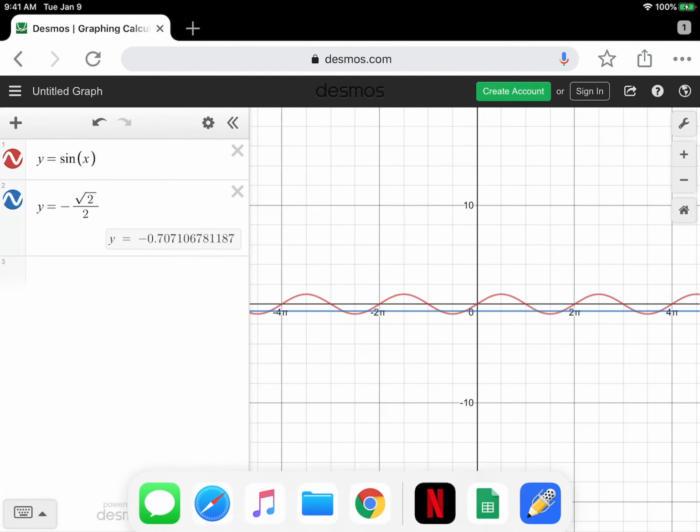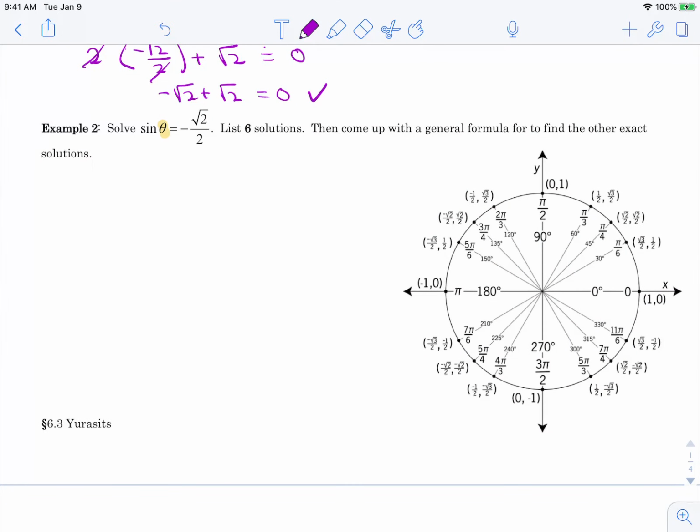And that is why in your notes, I just want us to list 6. We could go straight to Desmos and list the 6. That is totally fine, but we might not have a calculator or Desmos when we are tested on this material. So let's use our unit circle.